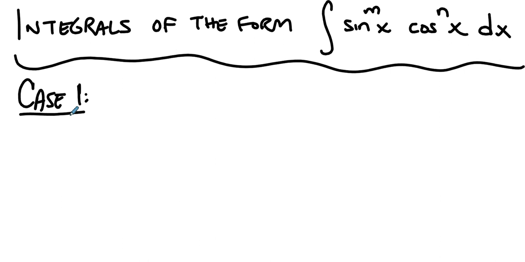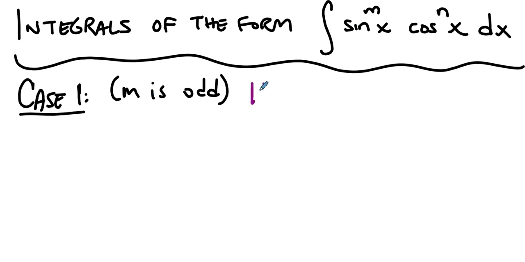So in our flow chart, case 1 is the case where m is odd, where the power on sine is odd. So it doesn't matter what the other power is. If the power on sine is odd, this is case 1.